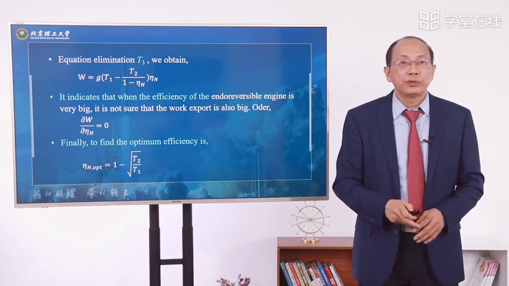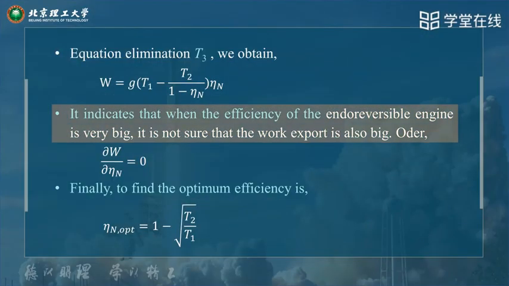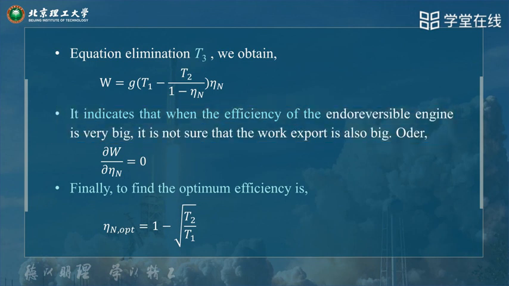From this equation, it indicates that when the efficiency of the endo-reversible engine is very big, it is not sure the work output is also big. For the maximum work, we can set partial W over partial eta N equal to 0.